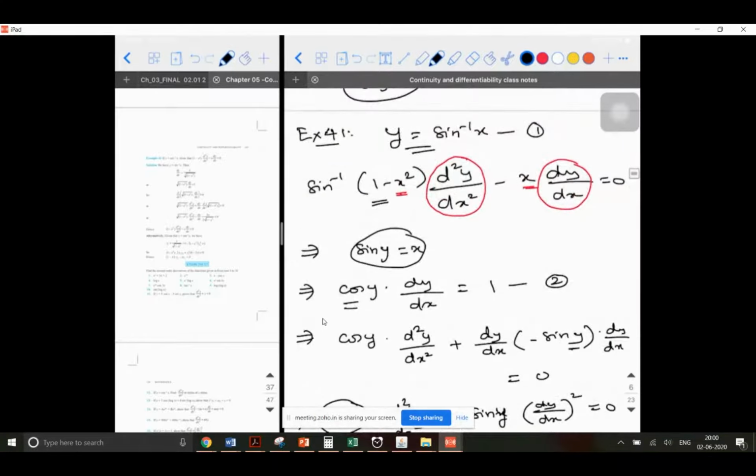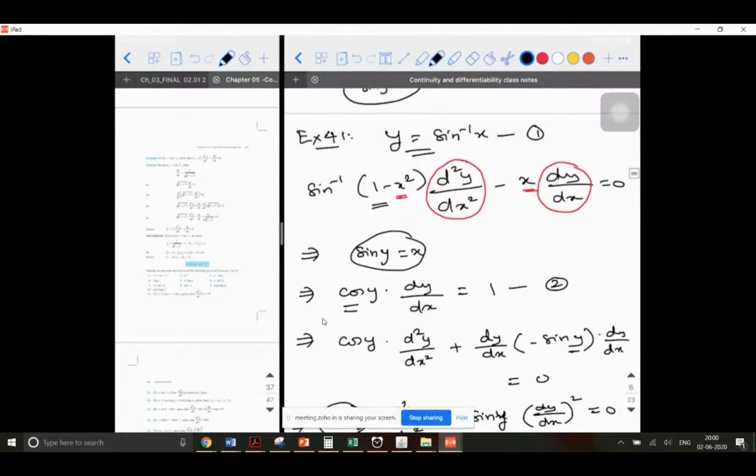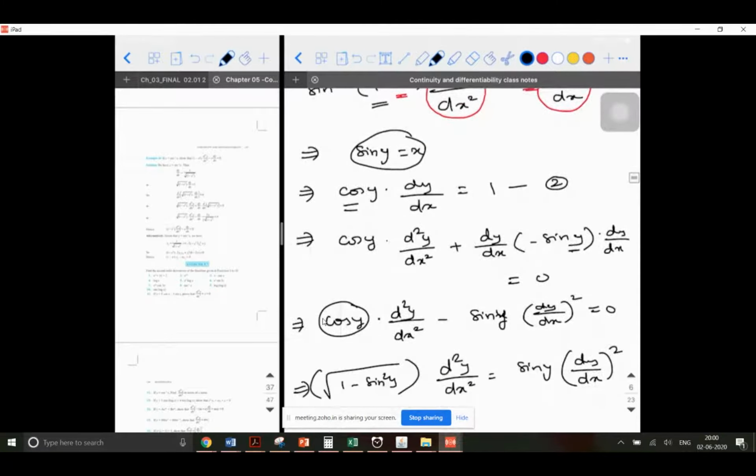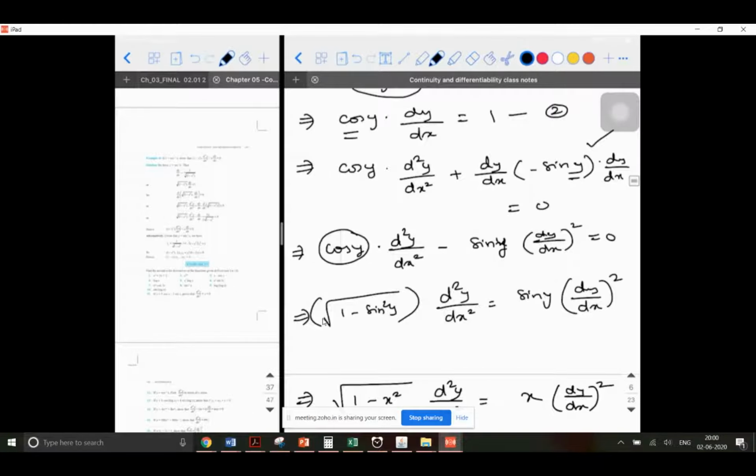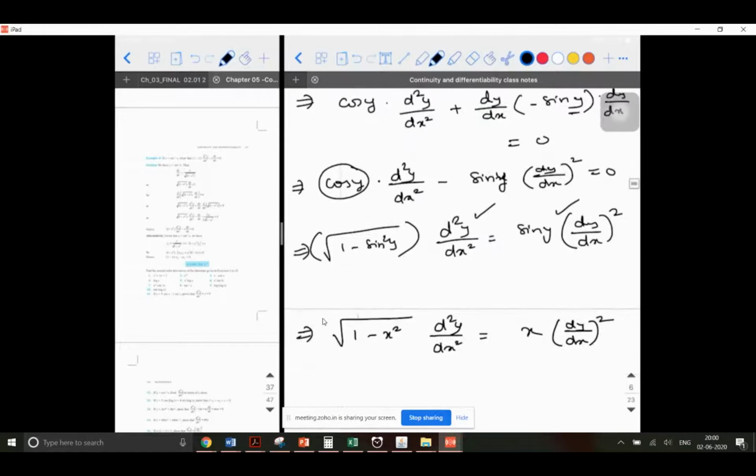Just check this step once. So sin y is equal to x, cos y into dy by dx is equal to 1. So doing the second differentiation, cos y into d square y by dx square plus minus sin y into dy by dx the whole square is equal to 0. So cos y is root of 1 minus sin square y into this thing. Sin y into dy by dx the whole square is equal to 0. So this is root of 1 minus x square into d square y by dx square.